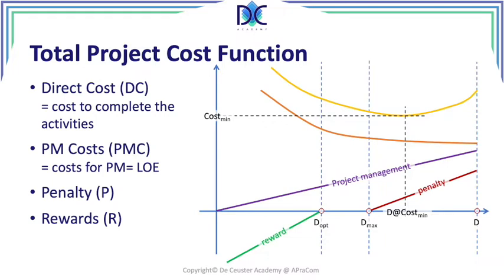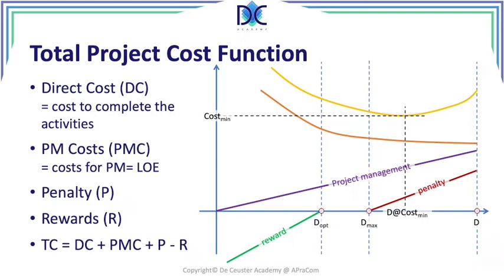The yellow line is giving us the overview of the total cost, and the total cost is the sum of all those costs together, of course minus the rewards because it's a positive effect, and we can find the optimal duration where we have the minimum cost for the project. So these are all the parameters that we have to combine and look into.